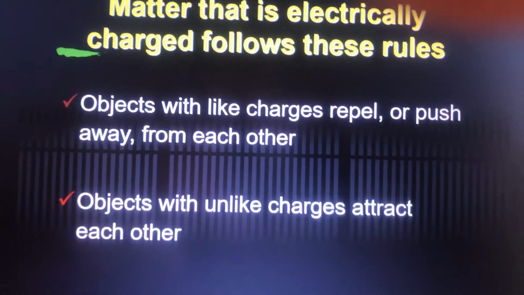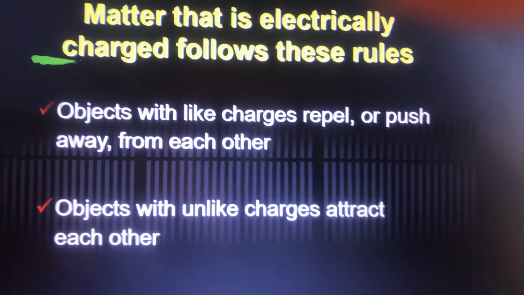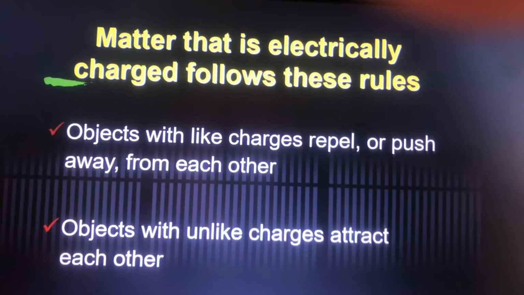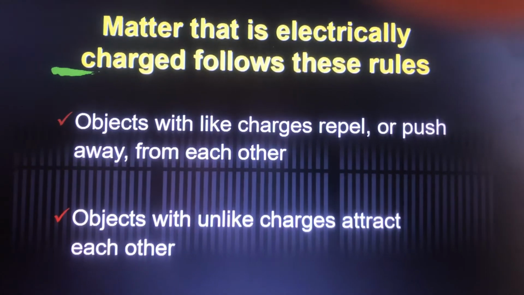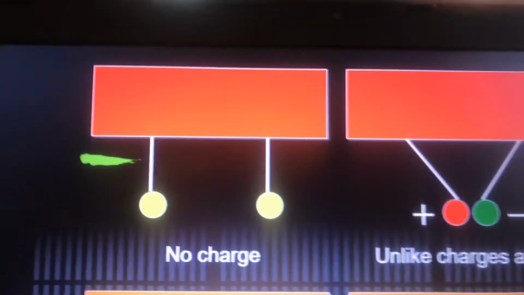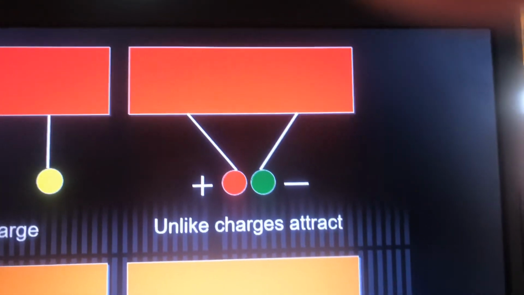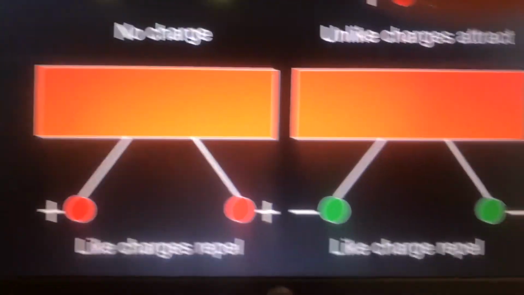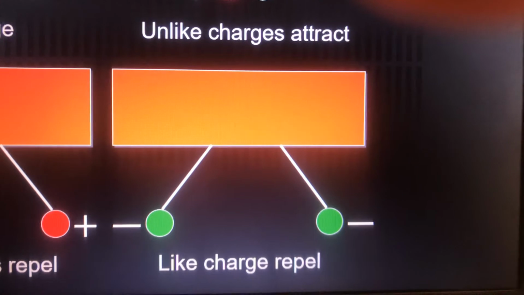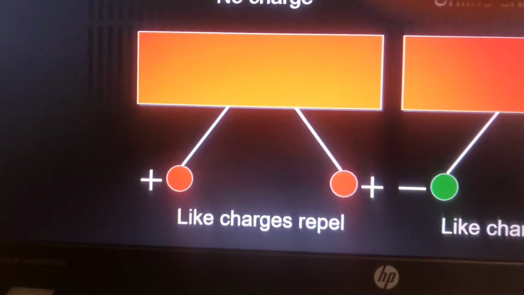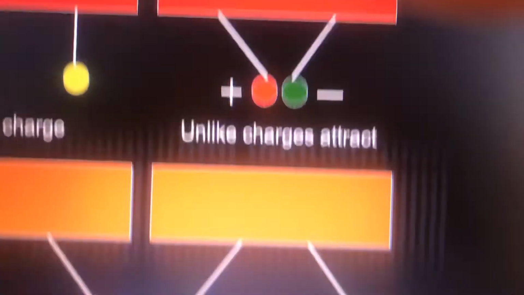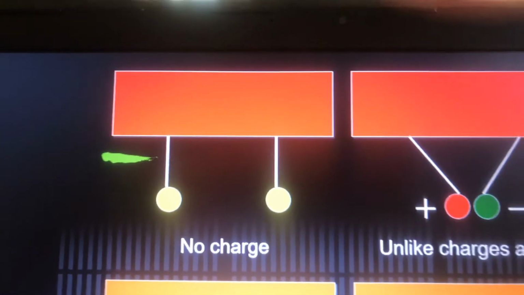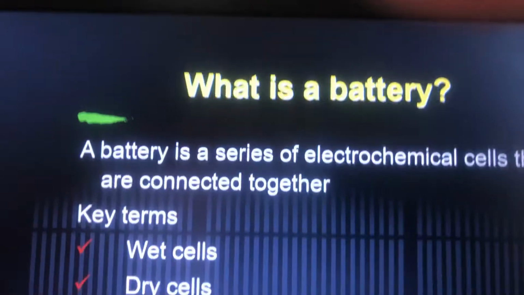So electrons are attracted to protons, and that's why they stay involved in the atom. So here you have two positives repelling each other, two negatives repelling each other. Unlike charges attract, and if there's no charge whatsoever, there is no attraction one way or the other.